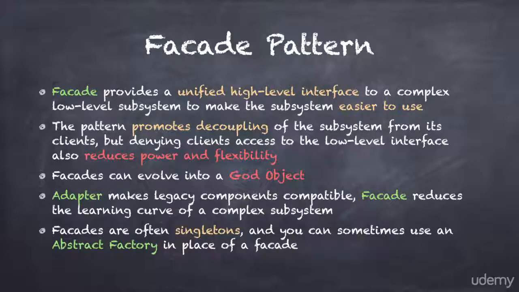Facades can evolve into a common anti-pattern called a God object. Adapters and facades differ in their intent. An adapter makes legacy components compatible, whereas a facade reduces the learning curve of a complex subsystem. Facades are often singletons, and you can sometimes use an abstract factory in place of a facade.